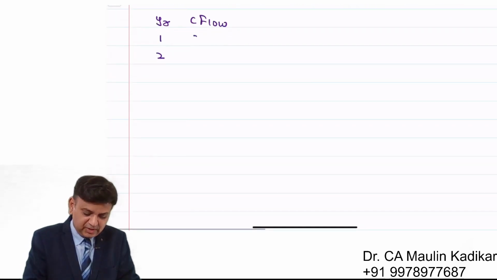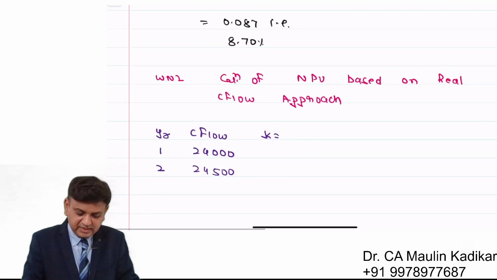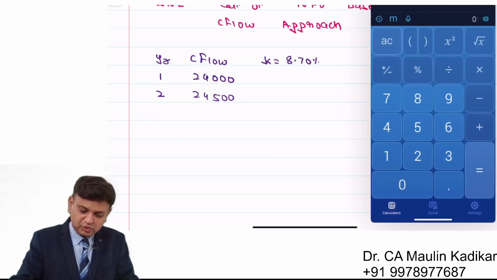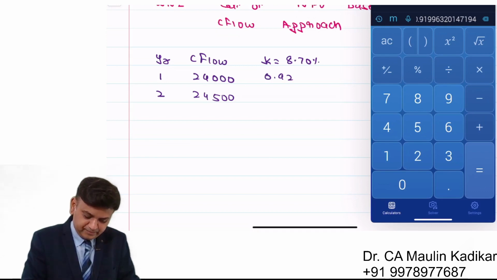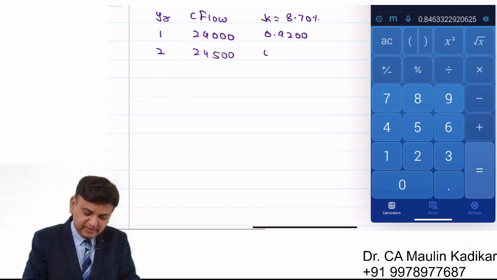First year end it is 24,000. Second year end it is 24,500. Discounting at the rate of 8.7%, and then present value. So use a calculator: 1 divided by 1.087. First year factor is 0.92. Second year factor is 0.8463.